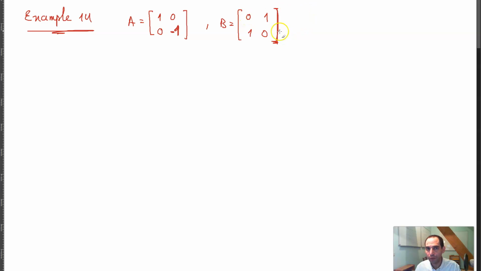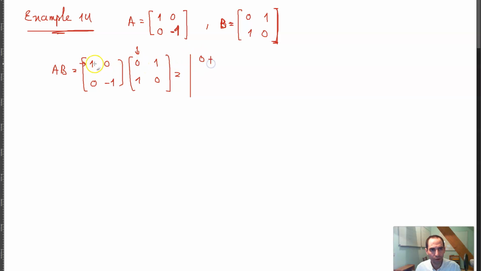And then AB is equal to 1, 0, 0, -1 times 0, 1, 1, 0, which would be a 2 by 2 matrix. So I start with these two, so 1 times 0 is equal to 0, and 0 times 1 is equal to 0.